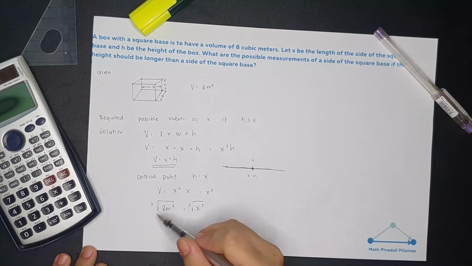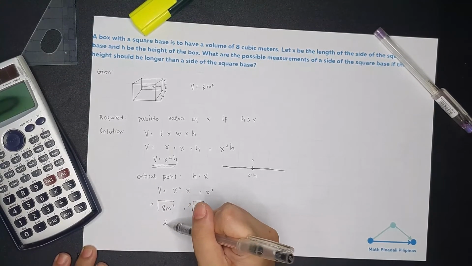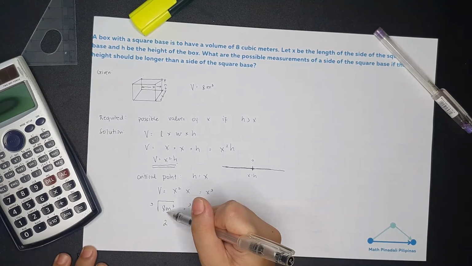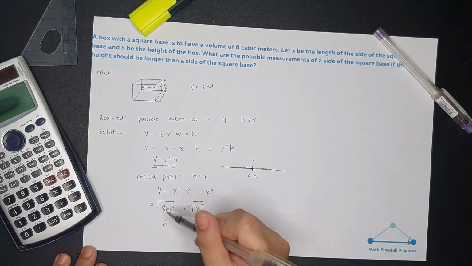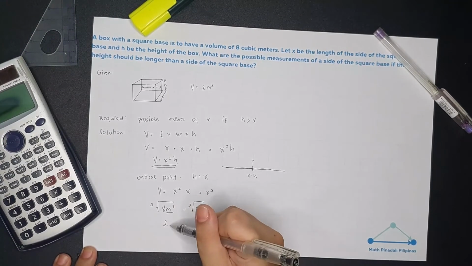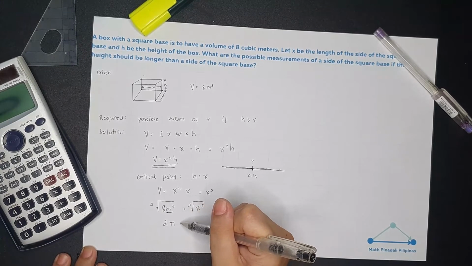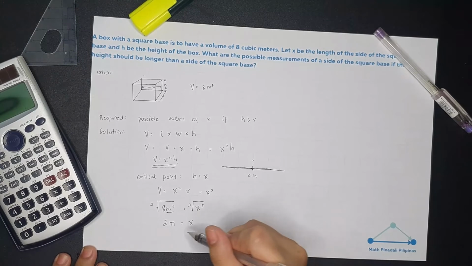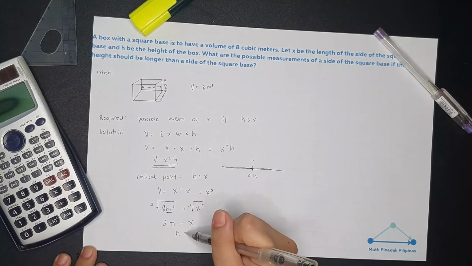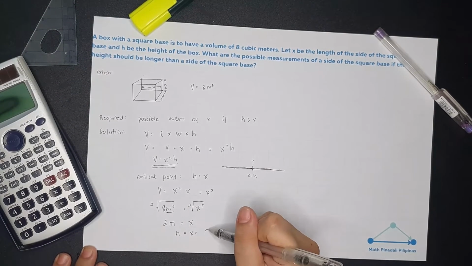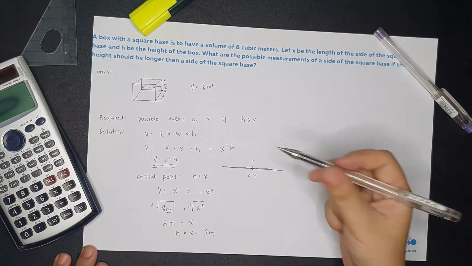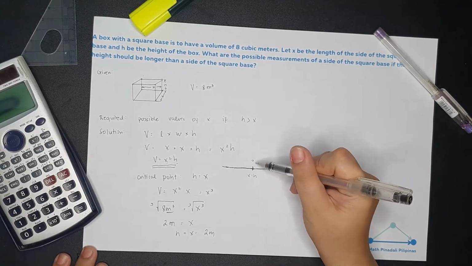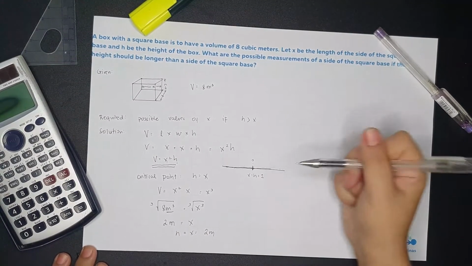The cube root of 8 is equal to 2, and the unit, cubic meter, since you get the cube root of it, is just going to be 2 meters. So therefore, h is equal to x is equal to 2 meters. So this is our critical point. Therefore, x is equal to 2.